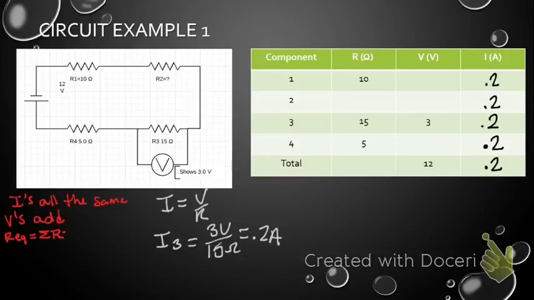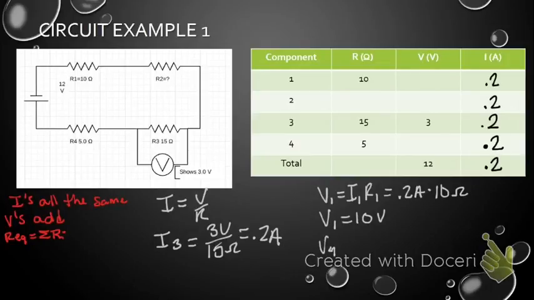Now I have 2 out of the 3 columns for 2 more pieces, for component 1 and component 4. So for component 1, we can see the fact that my voltage is going to equal my current times my resistance. My current is that 0.2 amps we just found, times our resistance of 10 ohms, gives me a voltage of 2 volts. I'm going to go ahead and quick solve before I fill out the chart for 4 as well.